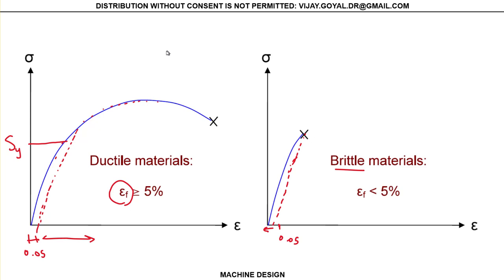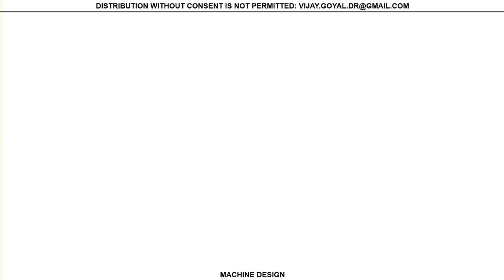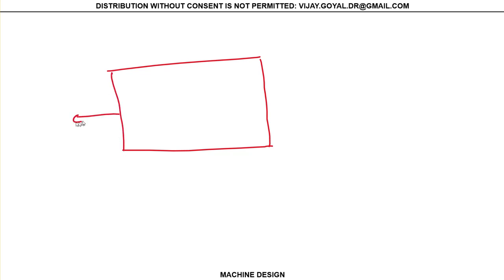And so there are a couple of things to keep in mind when you're doing these problems. Let's say I have a structure, a simple long plate, and I apply a load P on both sides, and I have a circle in the middle of the plate.